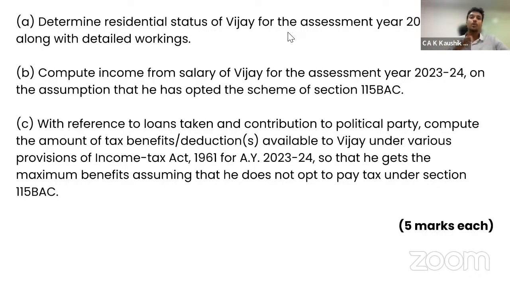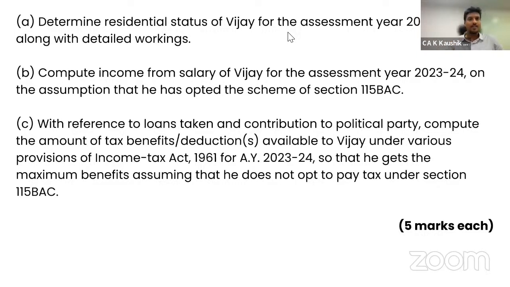Now that we know how to approach the question, we need to understand where we are channelizing and focusing our thought process in terms of the fact pattern. Question number 1 is a lengthy question. However, we now know that we should be focusing only on residential status, salary provisions, and Chapter VI-A deductions.